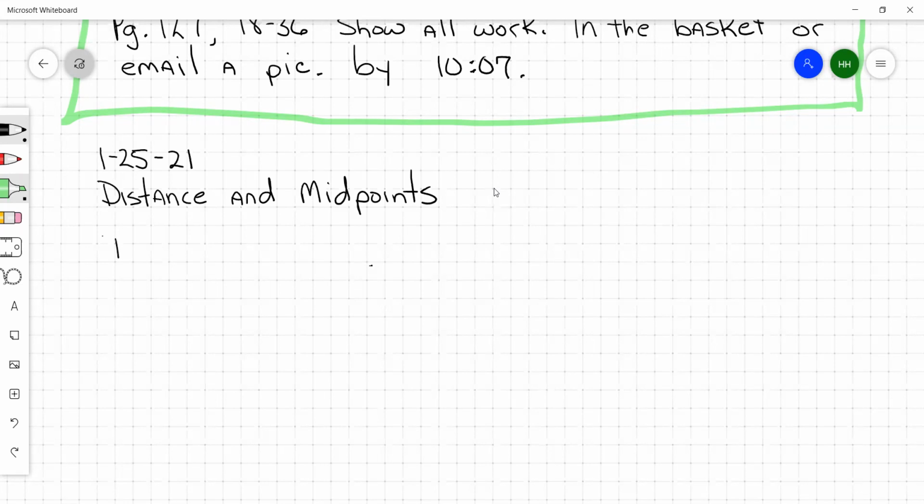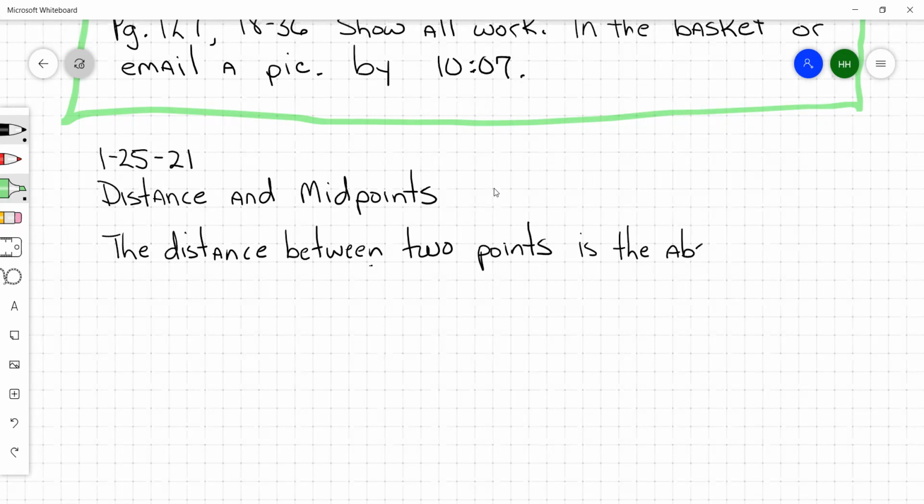All right, the distance between 2 points is the absolute value of the difference of the coordinates.